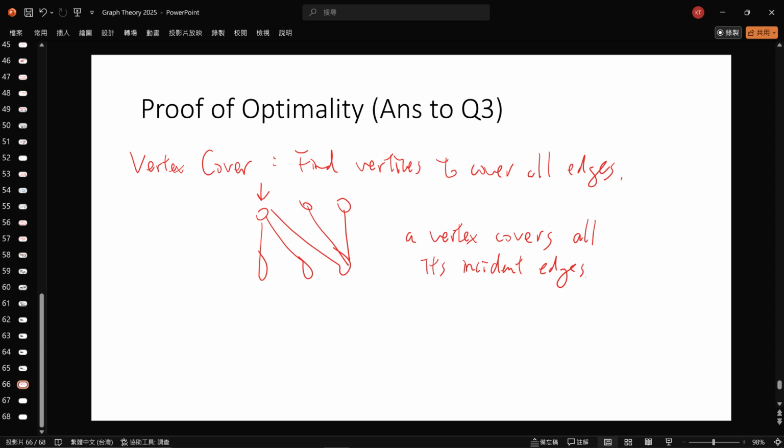Okay, so in other words, if you want to cover an edge UV, then you can pick either U or V. And the problem is really just to cover all these edges. For every edge, you have to pick one endpoint, okay, so that you can cover the edge. And the problem is to find the smallest number of vertices to cover all the edges.